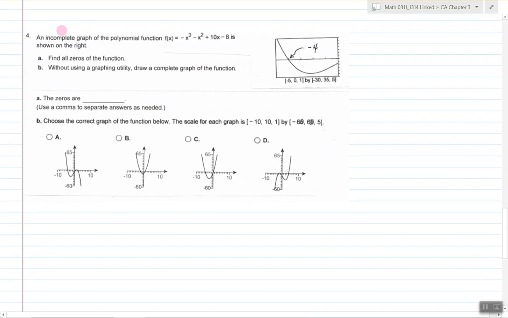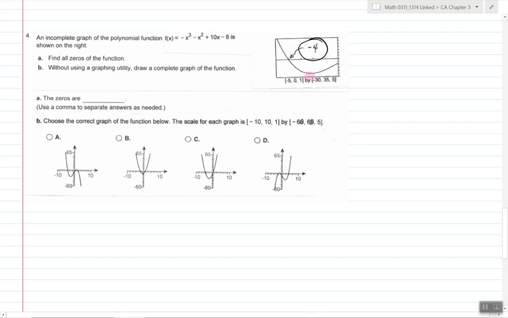It says an incomplete graph of the polynomial function is shown to the right. Find all of the zeros, and then it says without the graphing utility draw a graph. Well, I'm never going to take the graphing utility away from you. What they are hoping that you would do is say, okay, you have given me, I drew this on the picture.